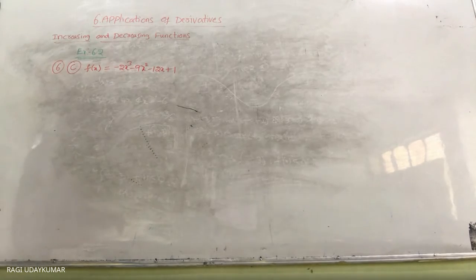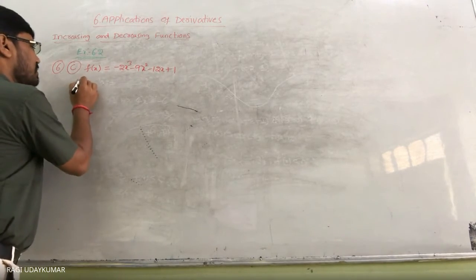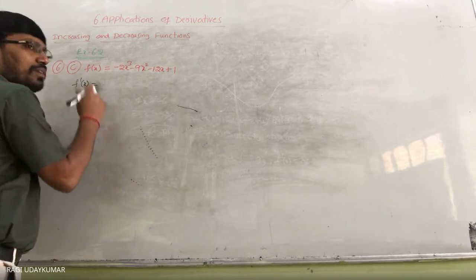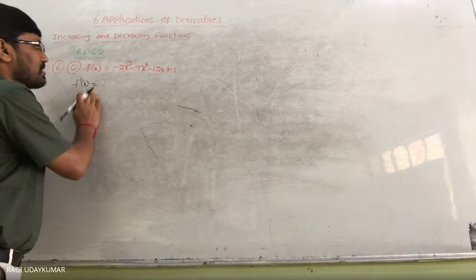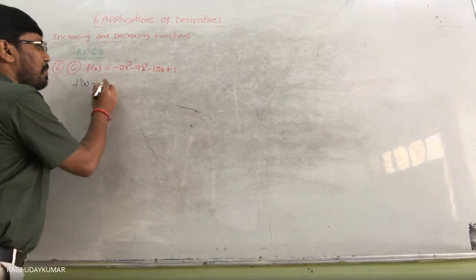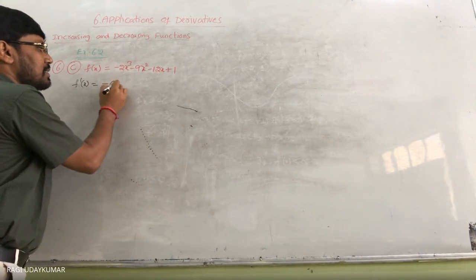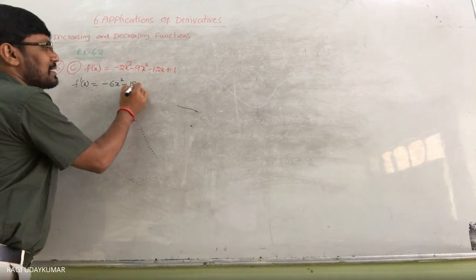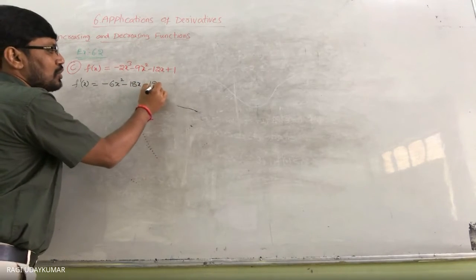And what is f dash of x? You try to find out. Always, when f of x is given, we need to find f dash of x. So f dash of x is equals to minus 6x square minus 18x minus 12.